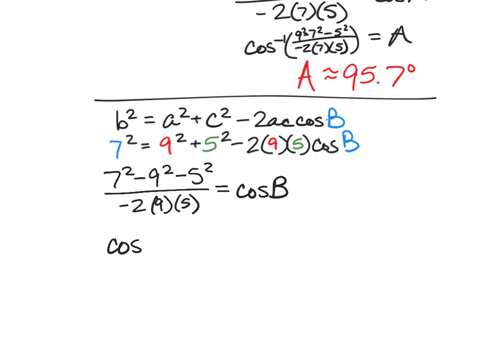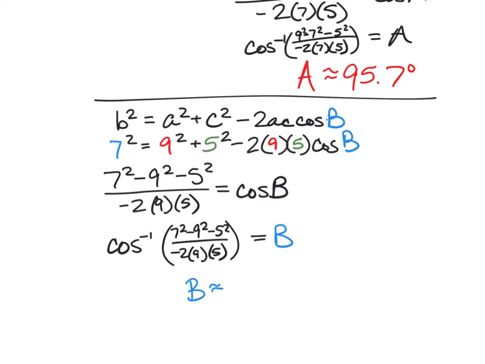And then to really get the B by itself out of that cosine function, you would need to take the inverse cosine of 7 squared minus 9 squared minus 5 squared all over negative 2 times 9 times 5, which is a calculator question. And when you put that into a calculator, you'd get that B is approximately 50.7 degrees.